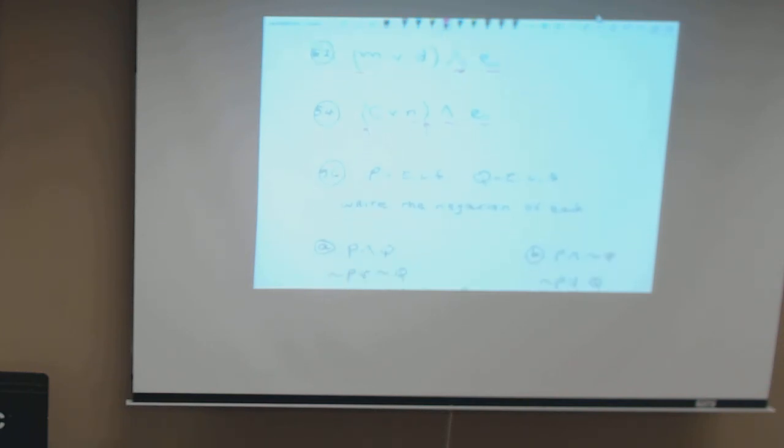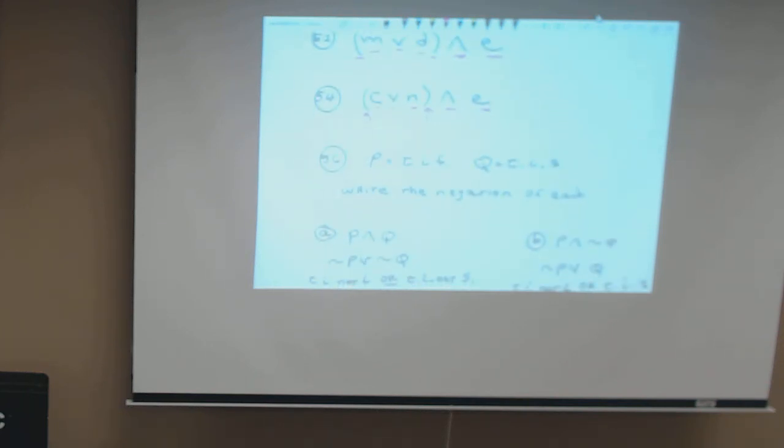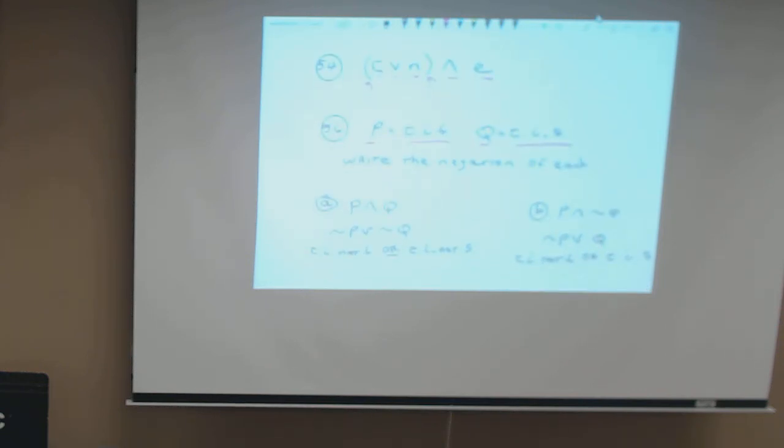Number 56. Let P be today is Friday. And let Q be tomorrow is Saturday. Write the negation of each. Okay, what does A say? Read A for number 56. Symbolically, it's P and Q, right? So what would that be in words? Today is Friday and tomorrow is Saturday.